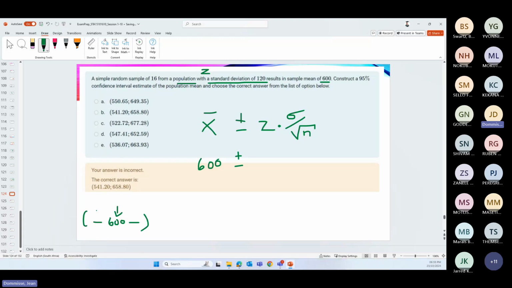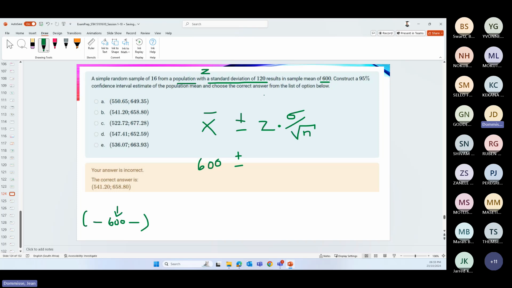So I normally just do a quick check of less, more, less, more across the options. I could not eliminate any, but I just wanted to make sure there is not something that we can already eliminate.